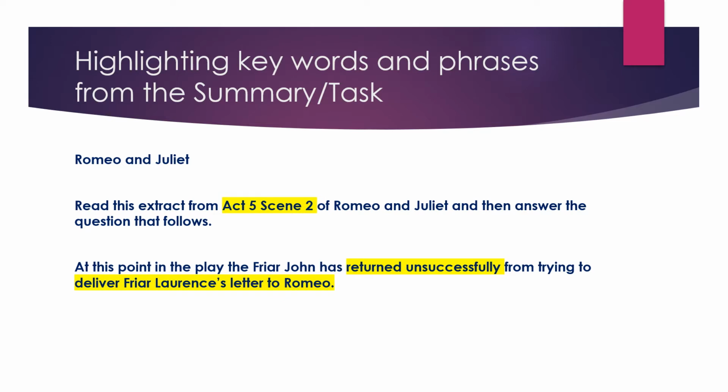So hopefully your highlighting will look similar to mine. You'll see that I've highlighted Act 5, Scene 2, so I'm very clear in my response that this is something that's occurring towards the end of our play. And we're going to be talking about that detailed, crucial letter that Friar Lawrence has written to Romeo, explaining that quite bizarre plan that he has concocted for Juliet to feign death.